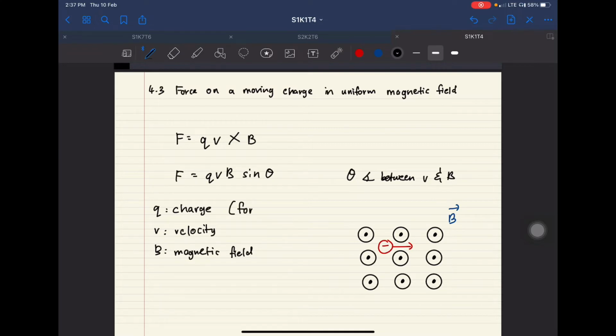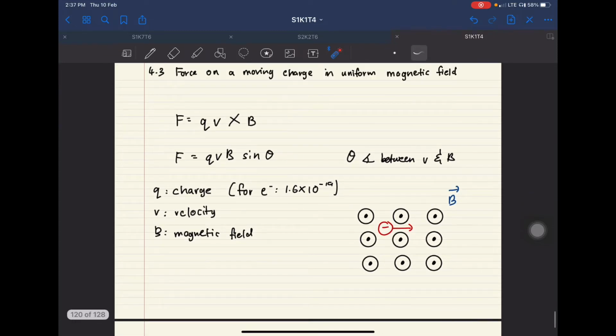You can write this for an electron: 1.6 times 10 negative 19 coulombs. And then the velocity normally will be given, how fast it travels across the uniform magnetic field. Then B is the magnitude of the magnetic field itself. And theta there is the angle between V and B. Like in this example, the magnetic field is going out of the page and the velocity is to the right.